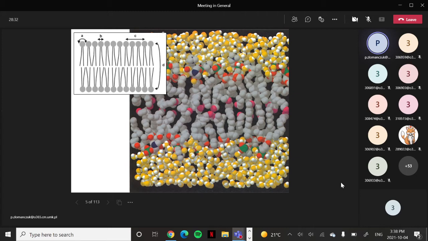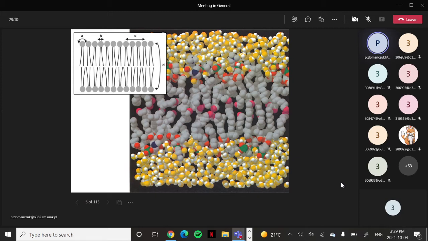This feature can be described as the low level of permeability of this phospholipid bilayer, meaning that very few molecules can freely cross it. Only molecules characterized by small size, just 2 or 1 atoms.